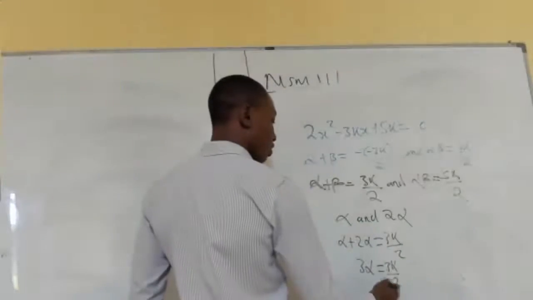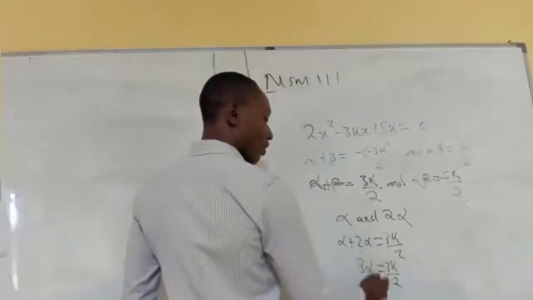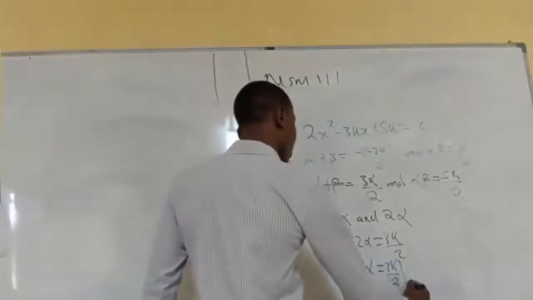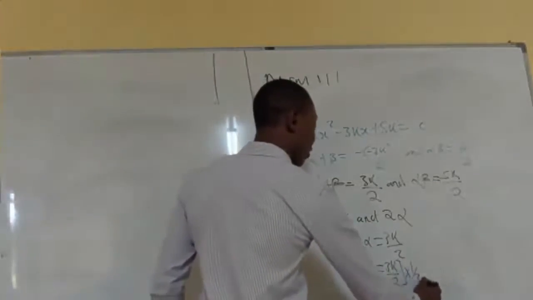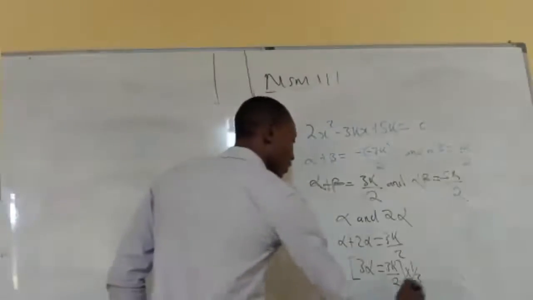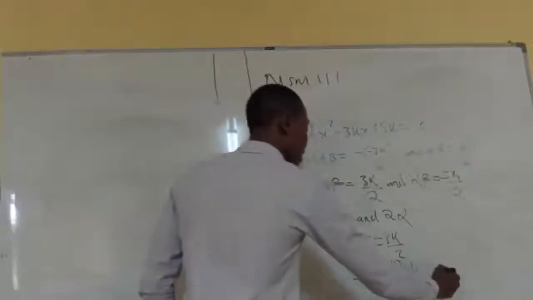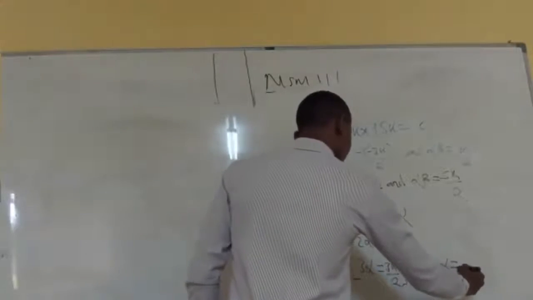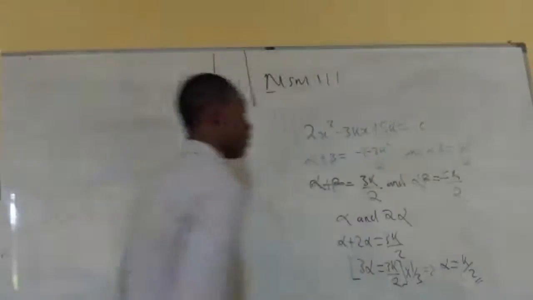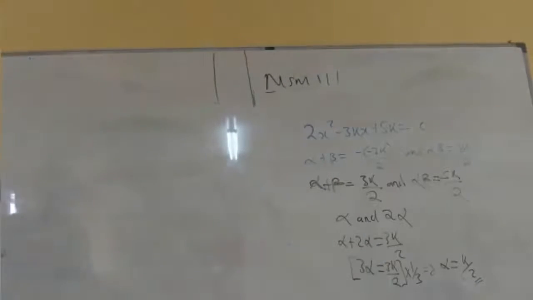You can get rid of the 3 by multiplying by 1 over 3. If you do that, then this implies that alpha is now equal to k over 2.